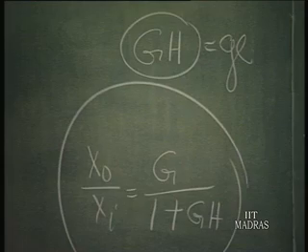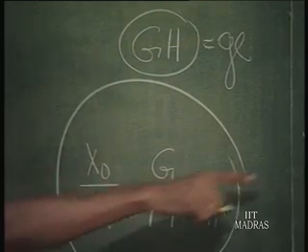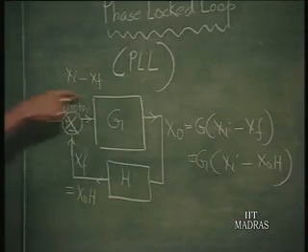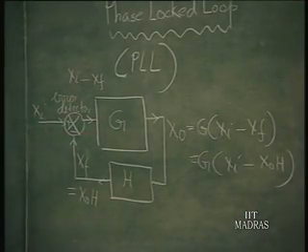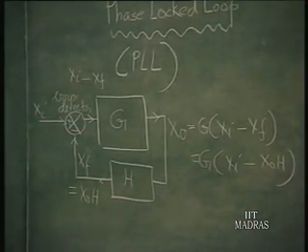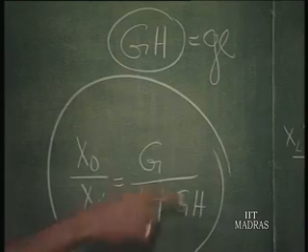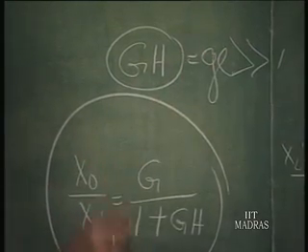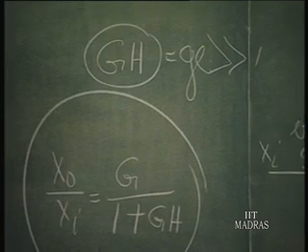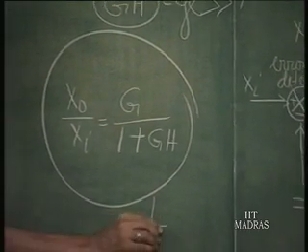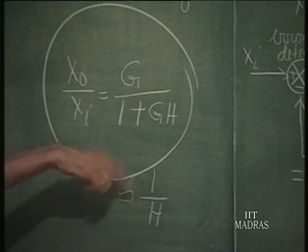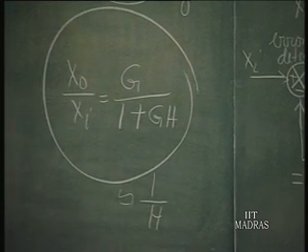In this case it is negative feedback, therefore the loop, if you really consider the loop, is negative. So, this is a negative feedback configuration. If this loop gain is much greater than 1, then we can show that this is approximately equal to 1 over H. It becomes independent of G, the amplifier.